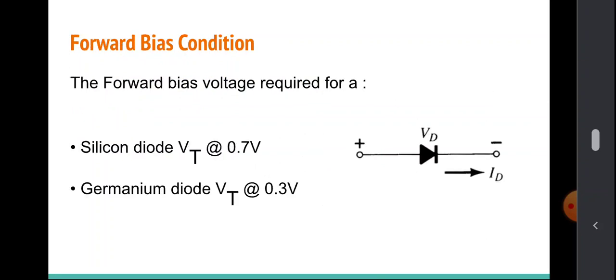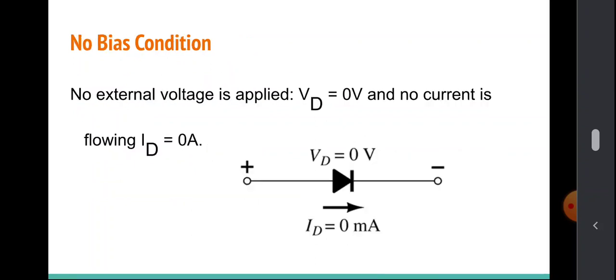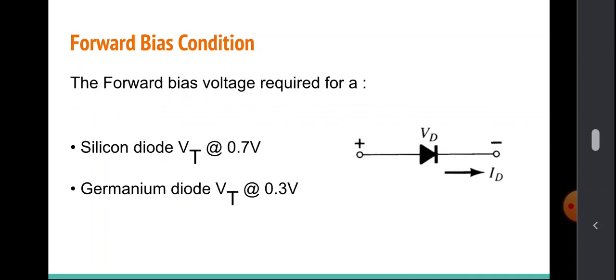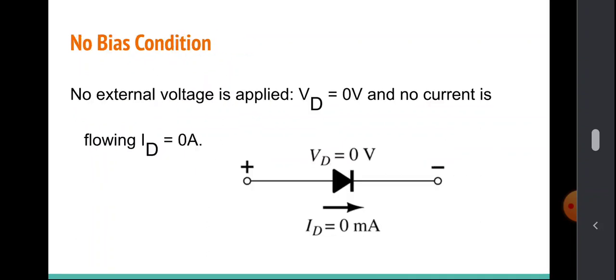And for the forward bias condition, the current still flows from positive to negative polarity, but the material used in the diode is identified. Okay, so when we look at the ideal diode in the no bias condition, it is an ideal diode because the voltage is 0 and the current is 0.